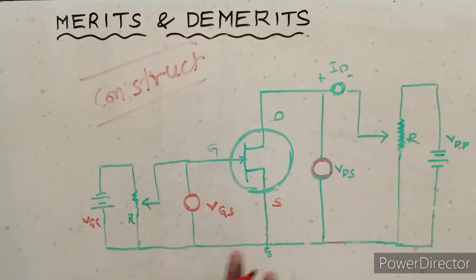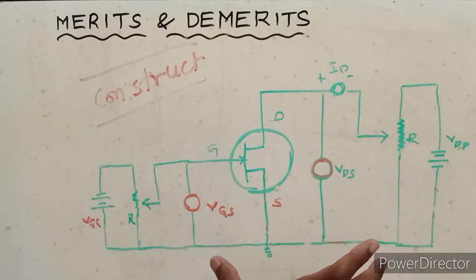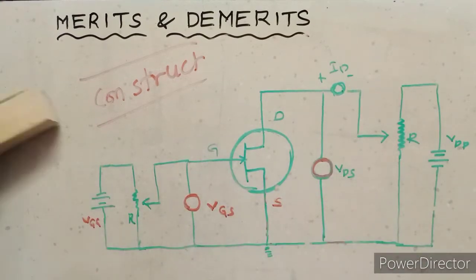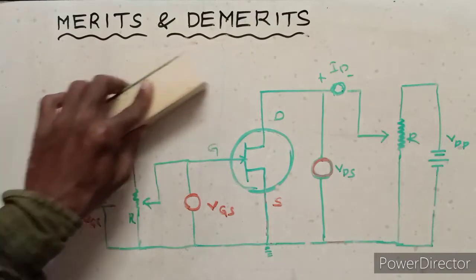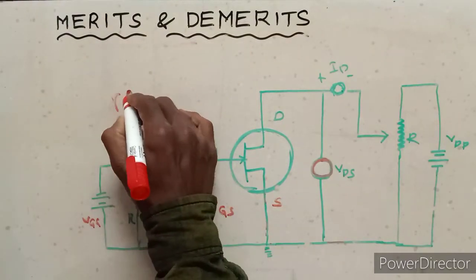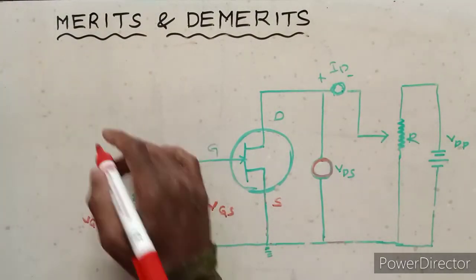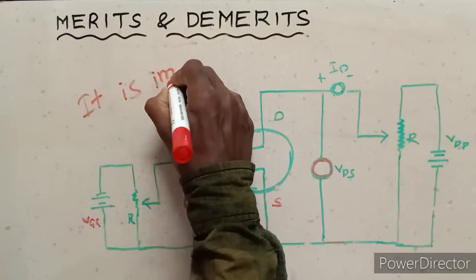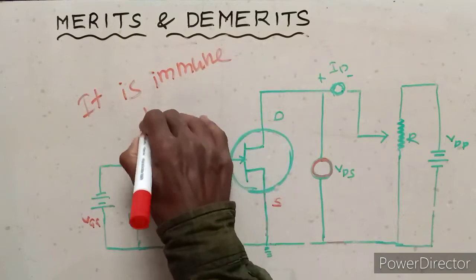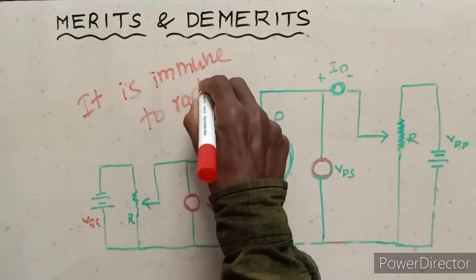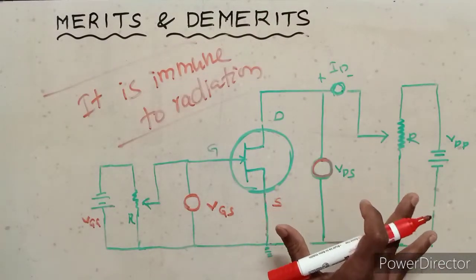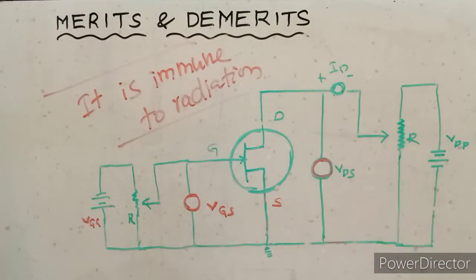The circuit has simple construction compared to the BJT. Next, it is immune to radiation, because it is thermally stable.